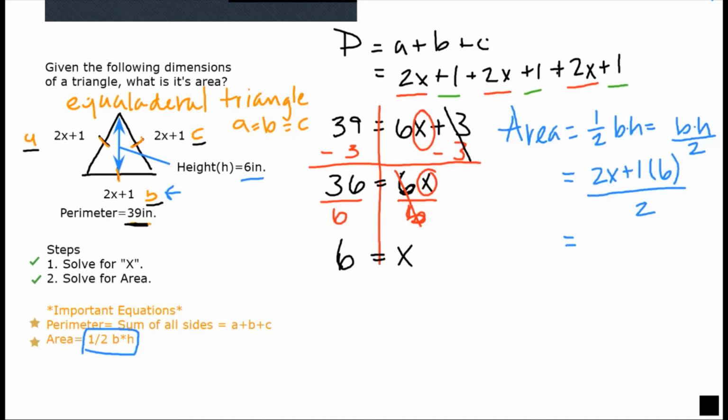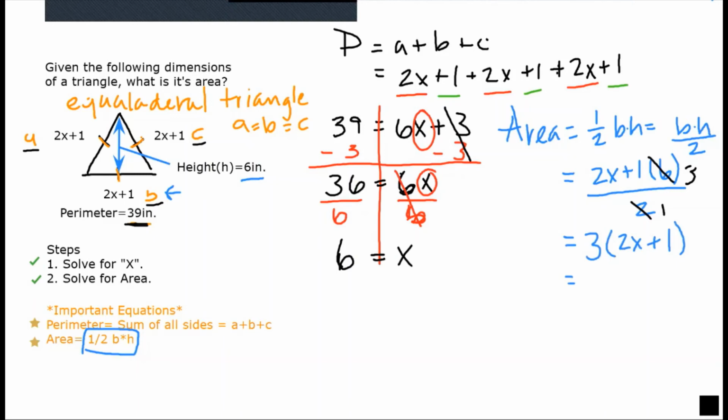6 is a multiple of 2, so we can reduce this by 2 and it goes into 6 three times. I'm going to rewrite this equation down here: 3 times 2x plus 1.